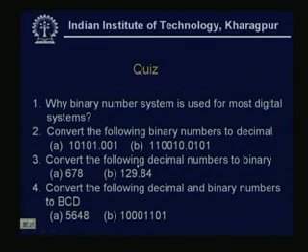This is just for practice: convert the following binary numbers to decimals, because here they are already in base 2 and I have to do the reverse one. Then convert the following decimal numbers to binary, and convert the following decimal and binary numbers to BCD. So, I will stop today's class, and these digital number systems will be continued in the next class.